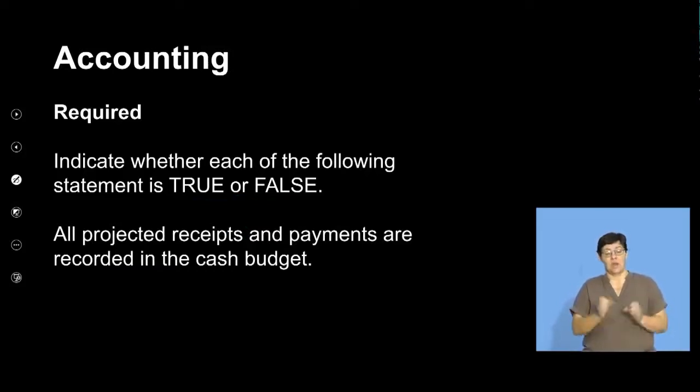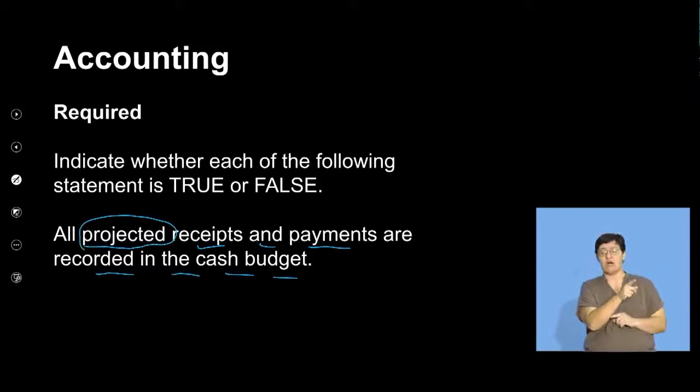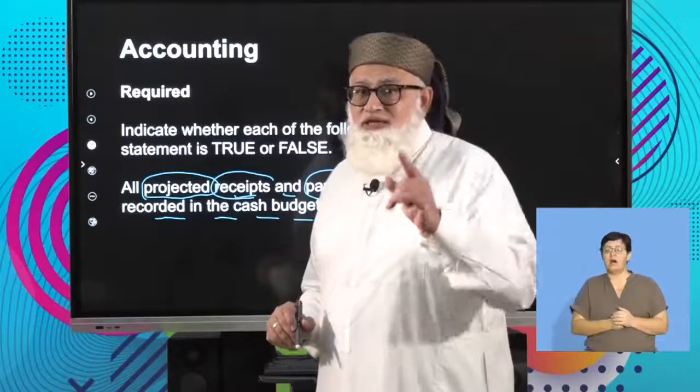Okay. The next one says, all projected receipts and payments are recorded in the cash budget. Right, let's analyze the statement one more time. All projected, right? So definitely we're working with a projection, we're forecasting. Receipts and payments immediately should give you an indication.